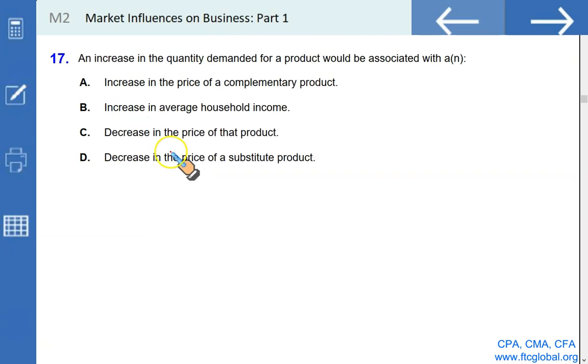Okay, next. An increase in the quantity demanded for a product would be associated with what? Increase in the price of a complementary product. Well, this is not true, because if the complementary product becomes expensive, for example, if fuel becomes expensive, then the quantity demanded for cars, which is a complementary good, will fall, not increase. Cancelled.